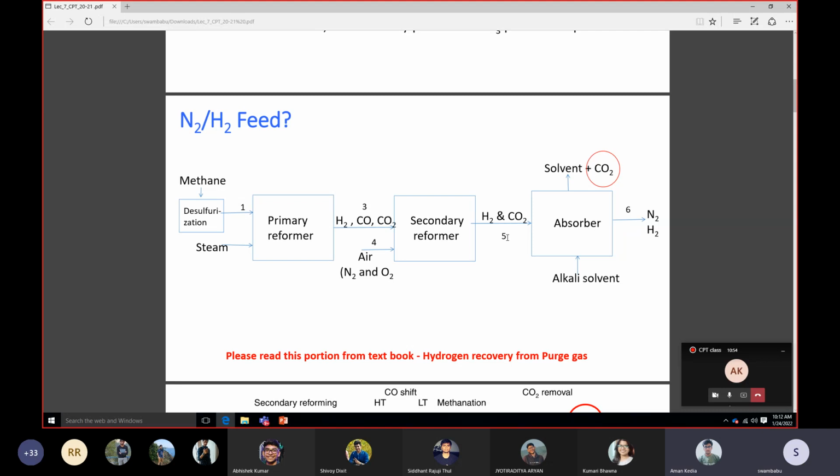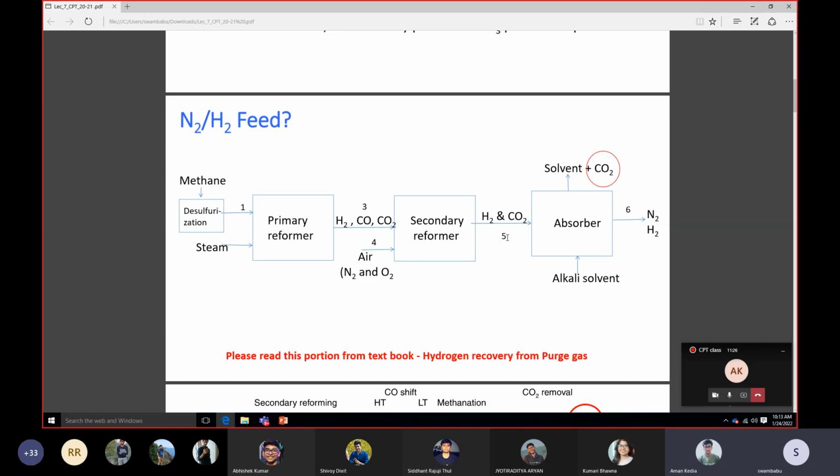If you pass this gas, hydrogen, CO2 and nitrogen, over this alkali solvent, the CO2 transfers from the gas phase to the liquid phase. That way, from the absorber, we get two streams coming out: one stream which contains solvent plus CO2, and another stream which contains nitrogen and hydrogen.